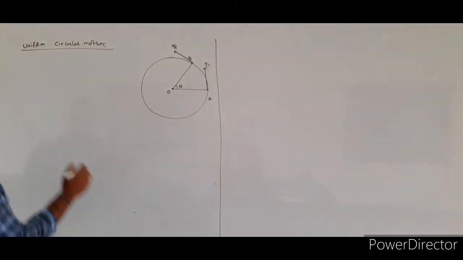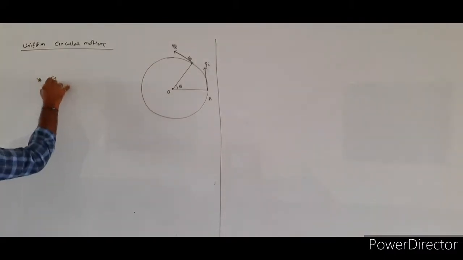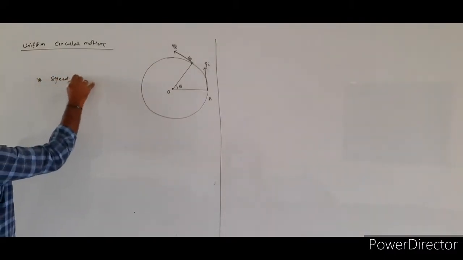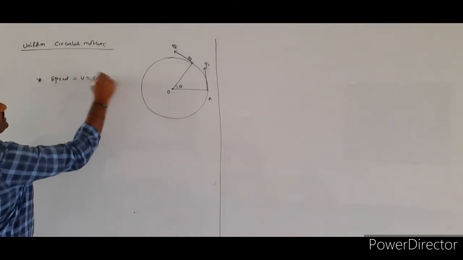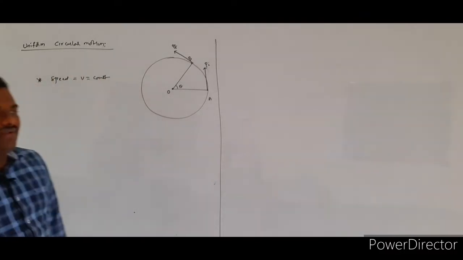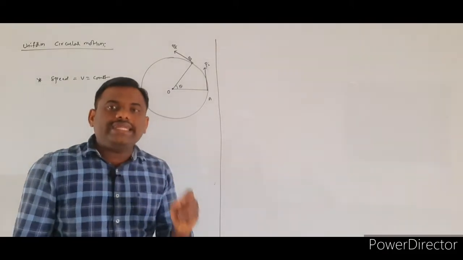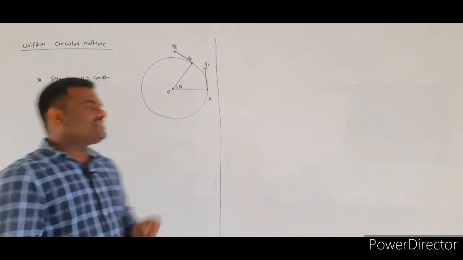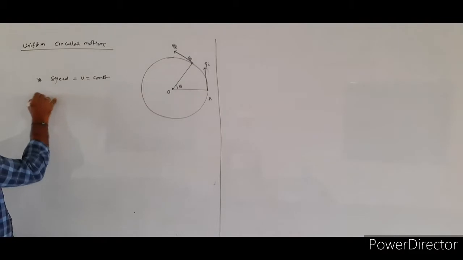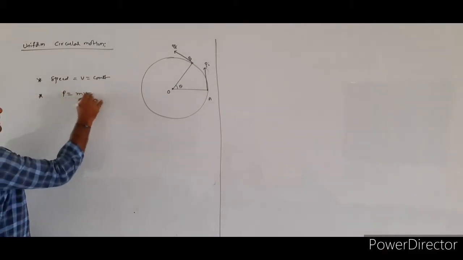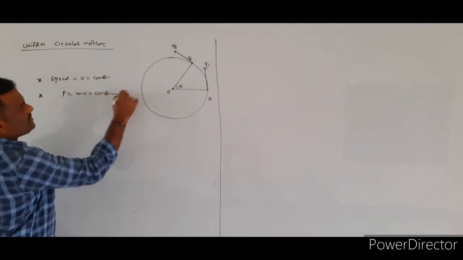So here we assume that the speed of the revolving particle remains constant. If the speed of the revolving particle remains constant, the magnitude of the linear momentum will be constant. So the linear momentum P is equal to mv, whose magnitude is constant.